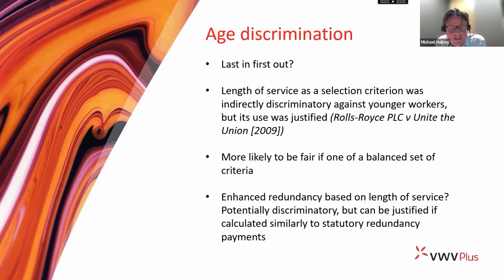So in those cases, if an employee alleges that the enhanced payments are discriminatory on the grounds of age, you'll then be looking at a justification argument. So is it a proportionate means of achieving a legitimate aim? And each case will be looked at on its own particular facts, which may involve those legitimate aims which Rolls-Royce pointed to: stability in the workforce and rewarding loyalty.